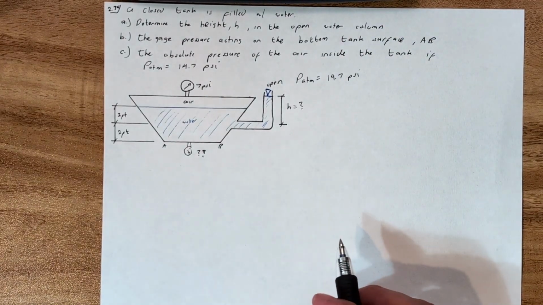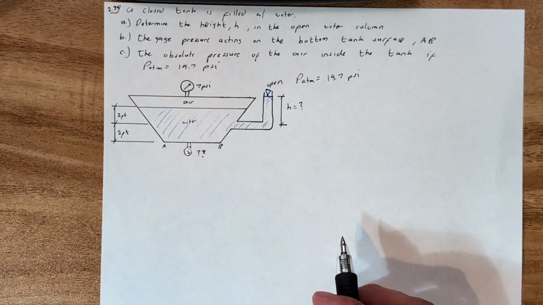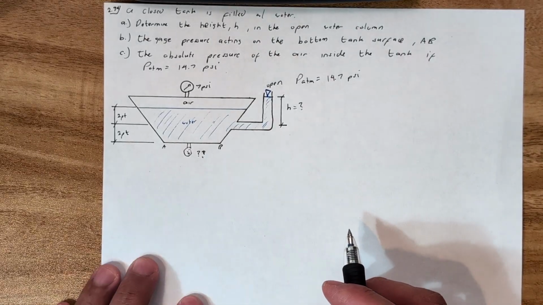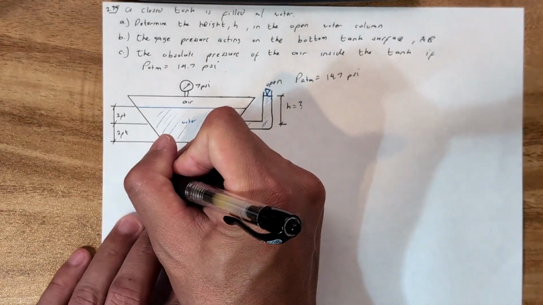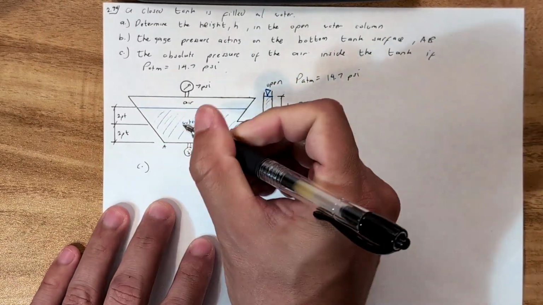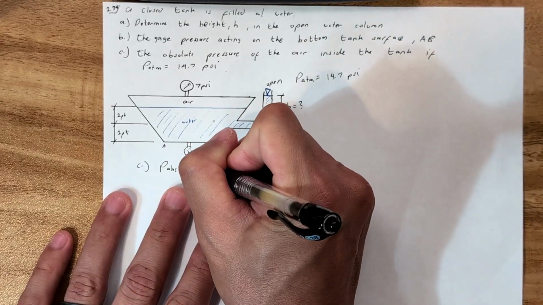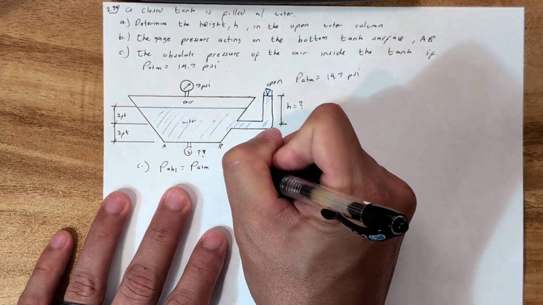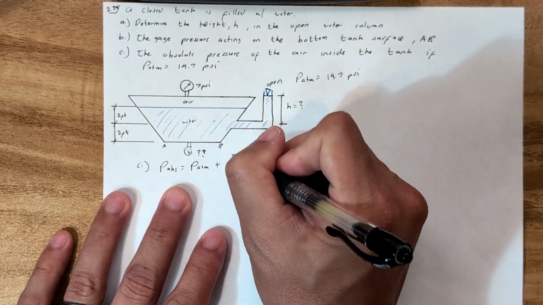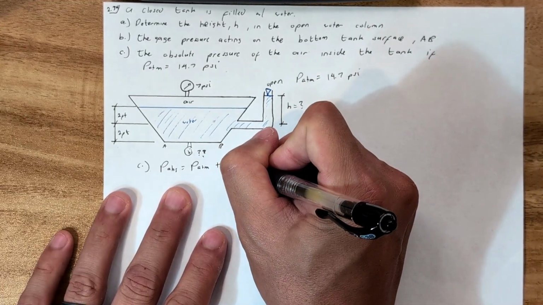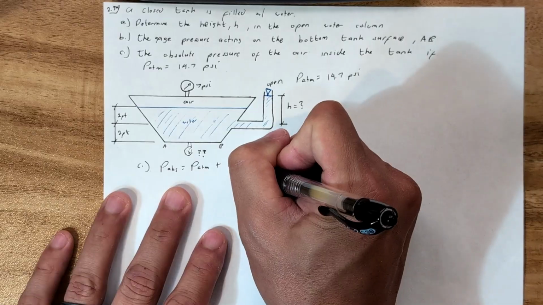I think part C is probably the easiest one to answer, so let's start with part C. The formula for the absolute pressure: P absolute equals P atm plus P gauge.